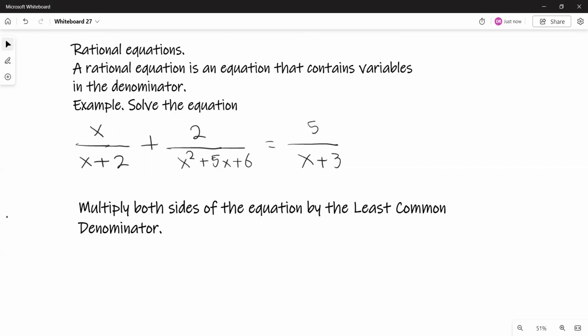We know that x squared plus 5x plus 6 can be factored as x plus 2 times x plus 3.